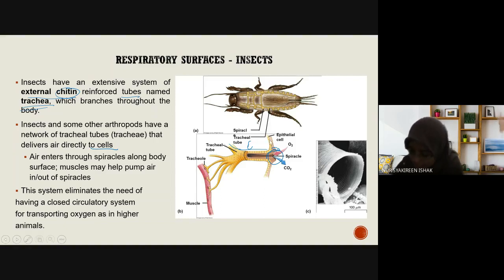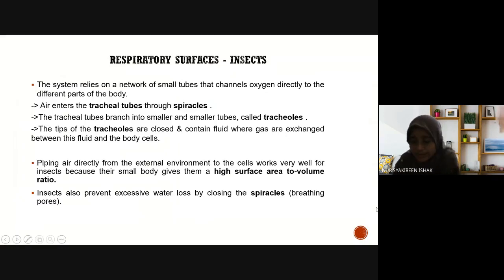Okay. So kat sini kan akan ada fluid lah. Fluid to make sure, okay, it is moist here to make sure that exchange of gas can occur. So syarat dia tadi apa? Kena moist kan. So the system relies on a network of small tubes, okay, that channel oxygen directly to different parts of the body. So air enters the tracheal tubes through the spiracle.